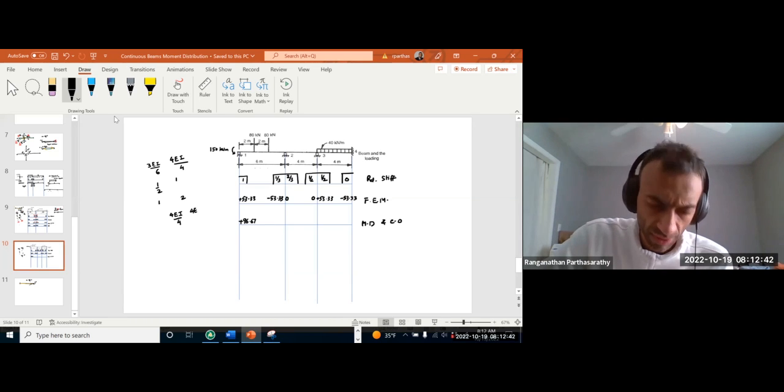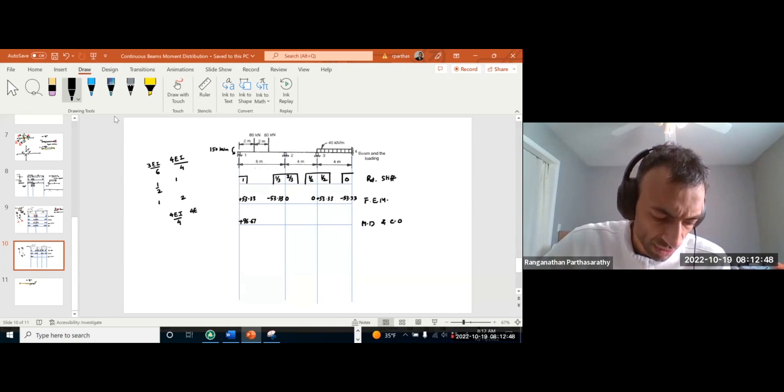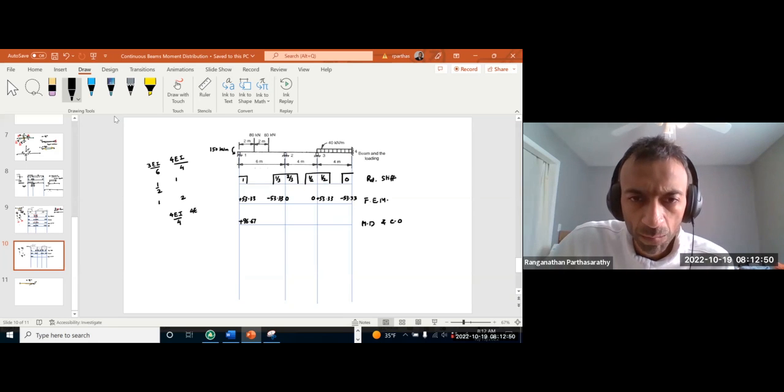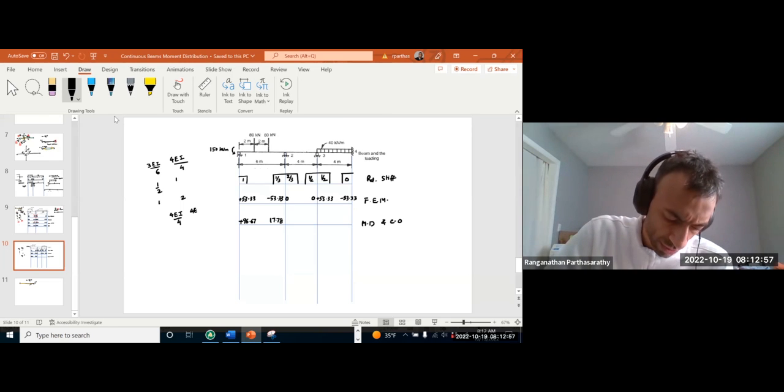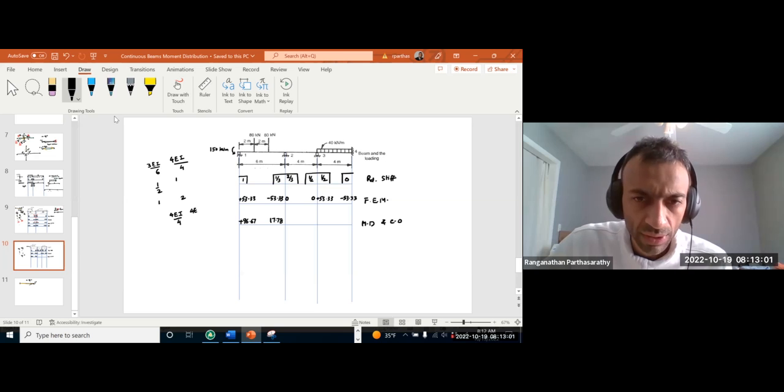So positive 53.33, 1/3 of that will go to the left, 17.78. And 2/3 of that will go to the right, so 35.55.